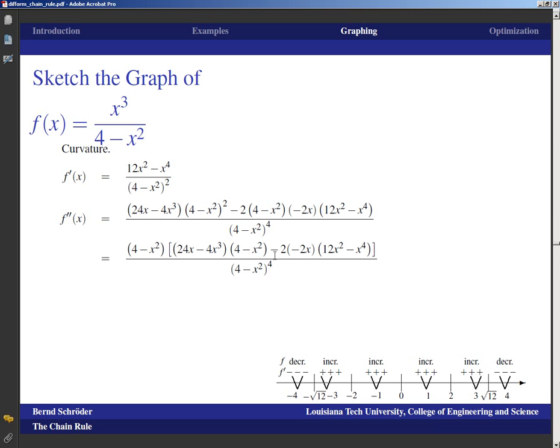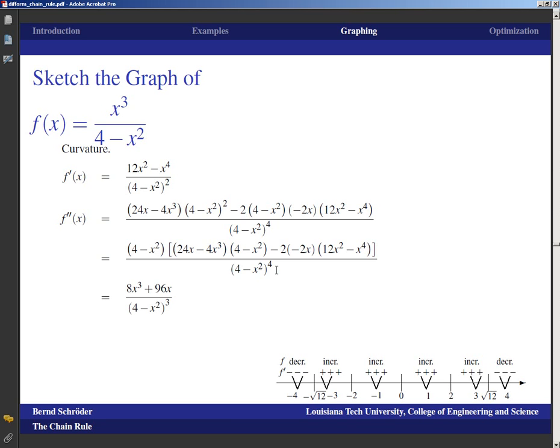And the way I've done that here is I always want us to be better safe than sorry. So first factor out the 4 minus x squared, keep the rest, which is 24x minus 4x cubed, times 4 minus x squared, minus 2 times negative 2x times 12x squared minus x to the fourth. And now we see we can cancel the 4 minus x squared against one of the 4 minus x squared in the denominator.